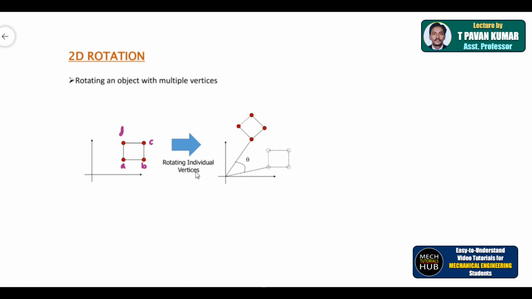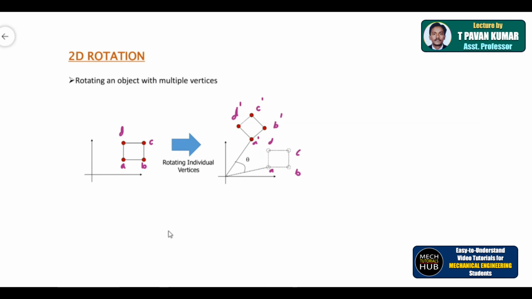Rotating individual vertices, for example, with respect to origin. Have a look at A position which is connected to the line. If I rotate it, let me write here also A, B, C, D. Here it becomes A prime, B prime, C prime, and this becomes D prime. That is the new position.